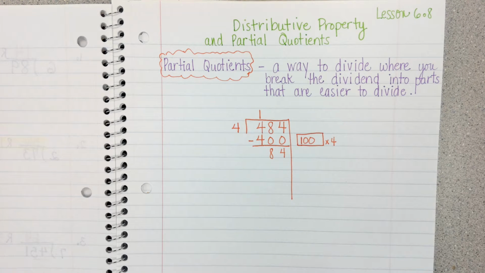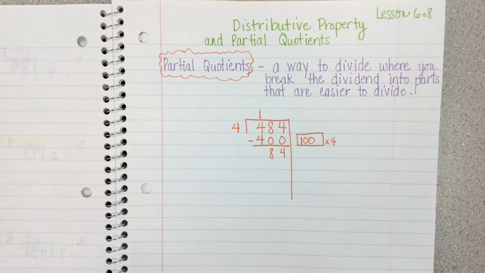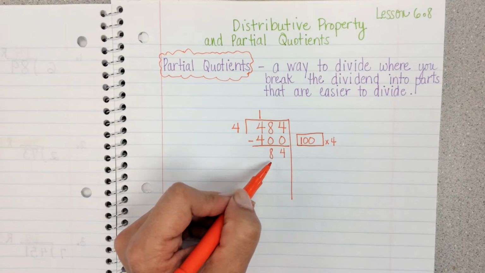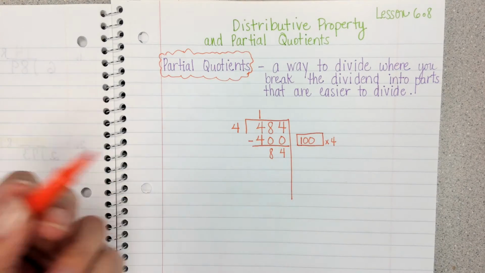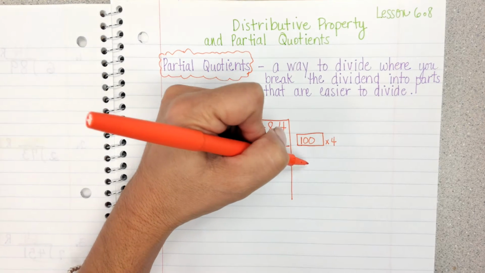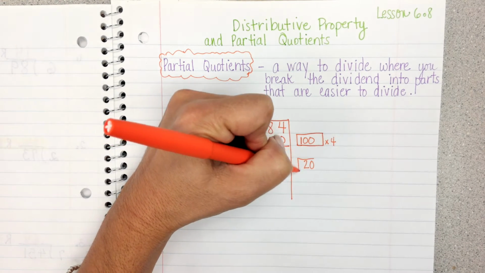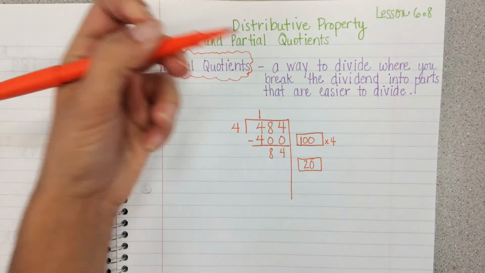Okay, your next step is to divide the tens place by trying to find a number that's compatible to the greatest place value. So 4 times 20 equals 80.